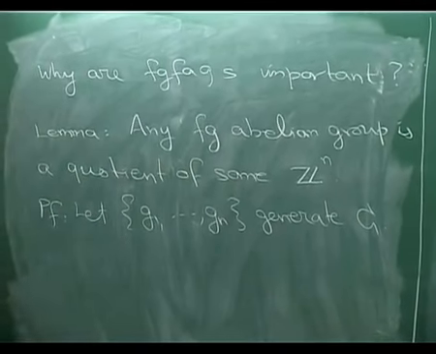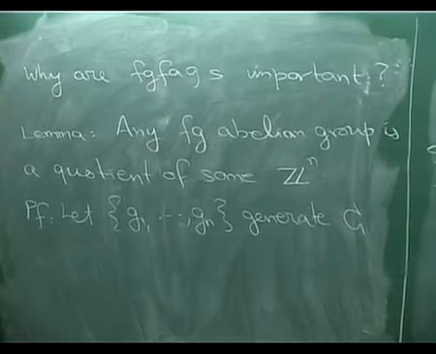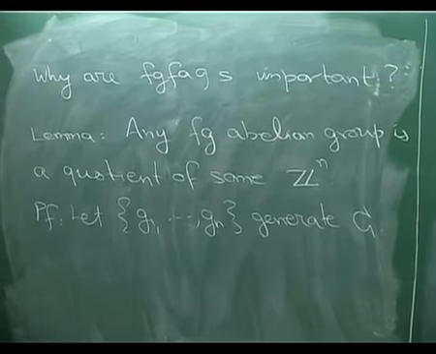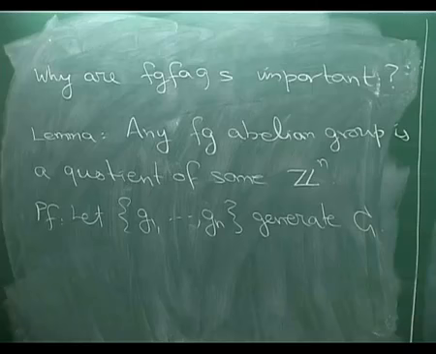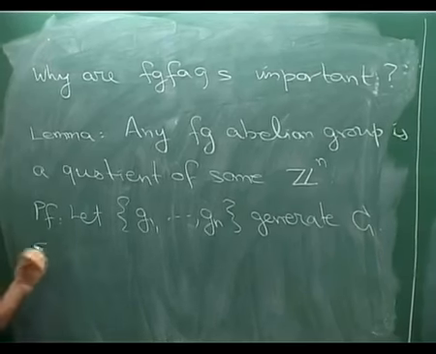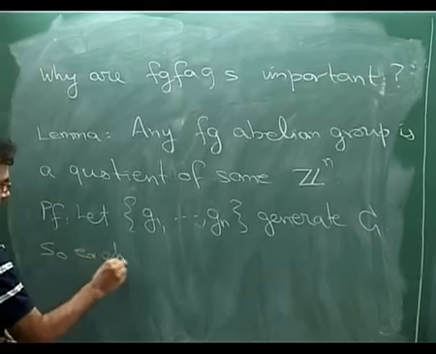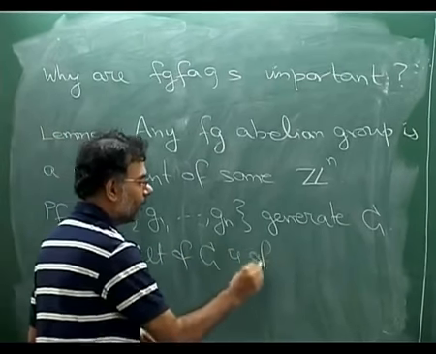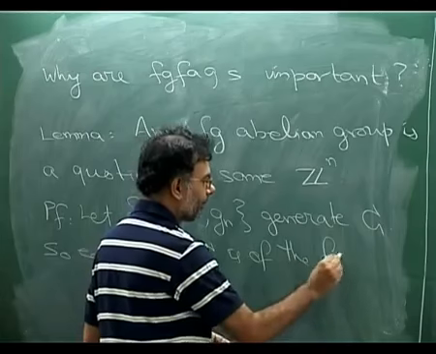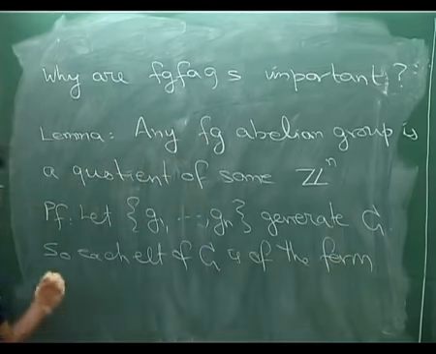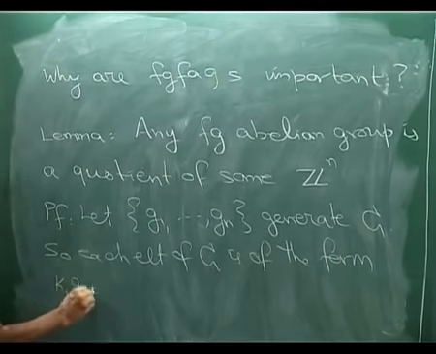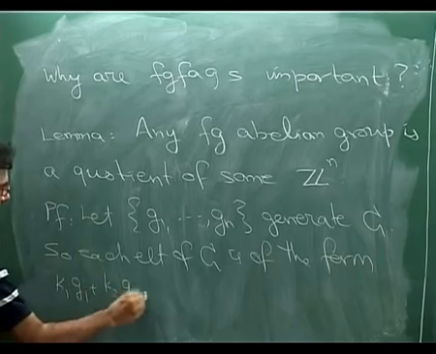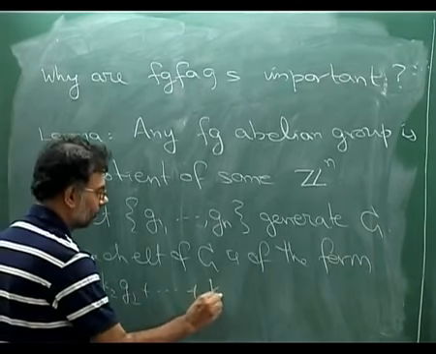It means every element of G is expressible as K1 G1 plus K2 G2 plus Kn Gn. So each element of G is of the form, not necessarily uniquely, K1 G1 plus K2 G2 plus Kn Gn.